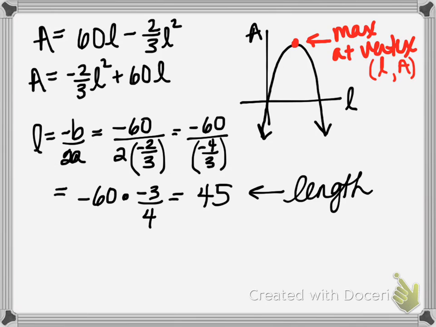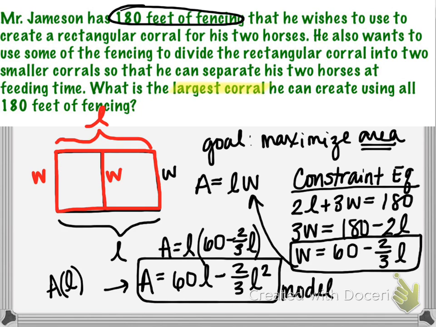So if you think about the actual vertex of the parabola, what we just found is essentially the x value of the vertex. But you do need to go back to the problem to make sure that we answer it correctly. Make sure this is actually what the problem is asking us for. So if you go back to the problem, it says, what is the largest corral that he can create using 180 feet of fencing?